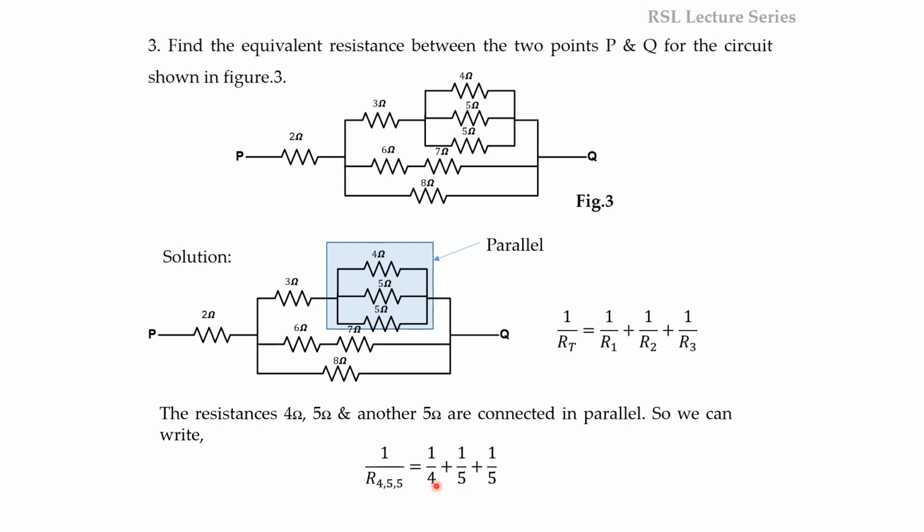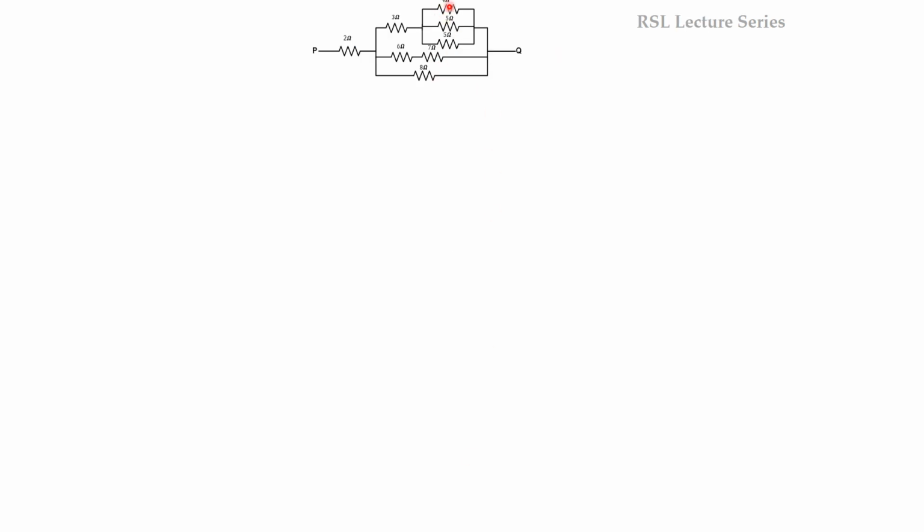So after simplification, we have to take reciprocals on both sides. So now this is the circuit. These three resistors get reduced into a single value. On solving the previous equation, we will get 1.538 ohms. So these three resistors are replaced by 1.538.